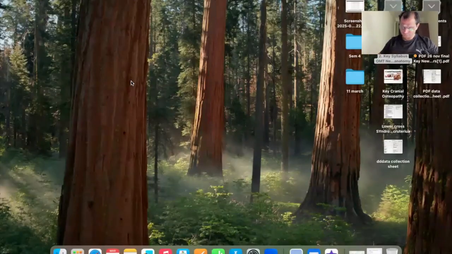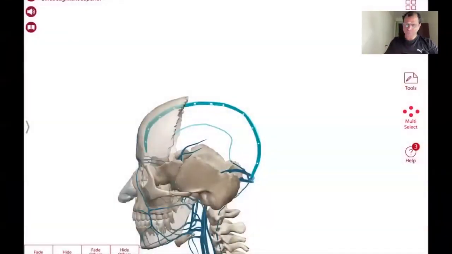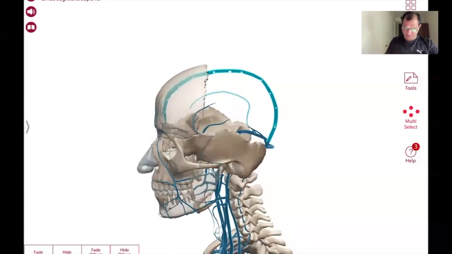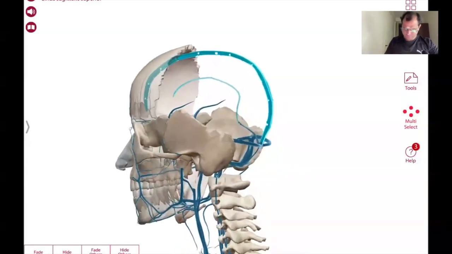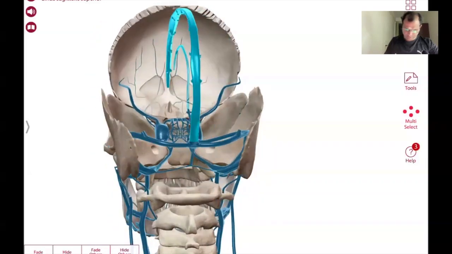Okay. Now, look at this image once again. So I will add one more structure so that we can memorize here. Okay. Now from the confluence of the sinus, we can see there's a right transverse sinus and the left transverse sinus.